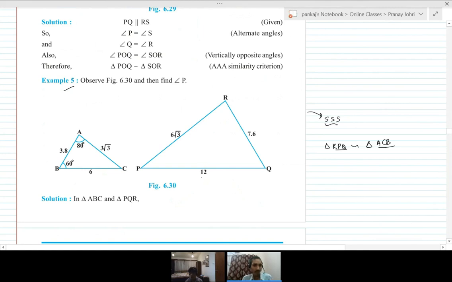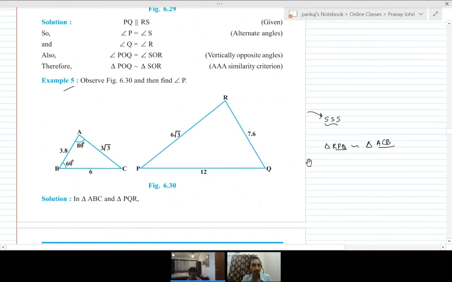So, how do we know that this is right? Because all the angles are equal and all the sides are. That's okay, but how do you exactly know that these are the corresponding vertices in the exact order?